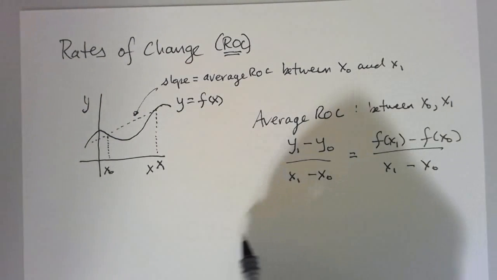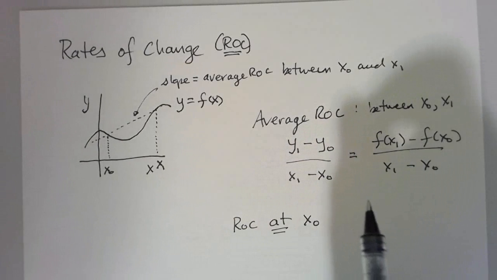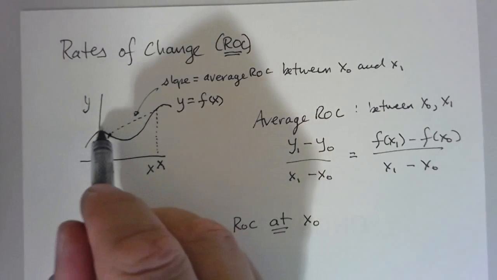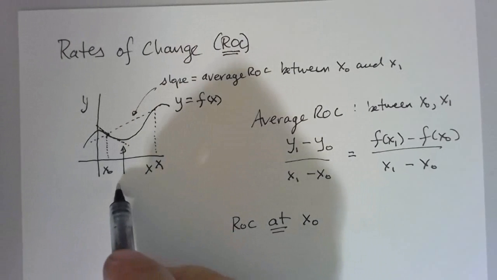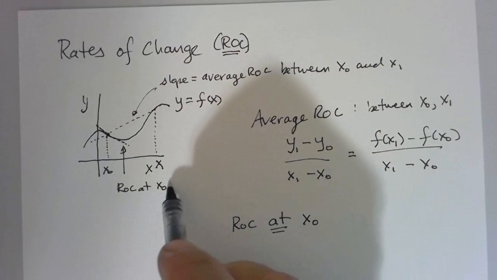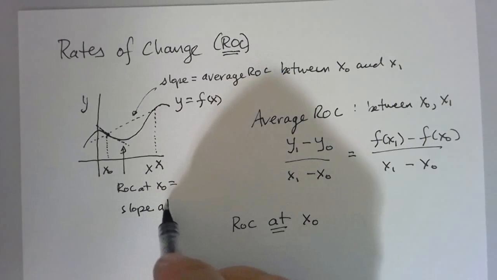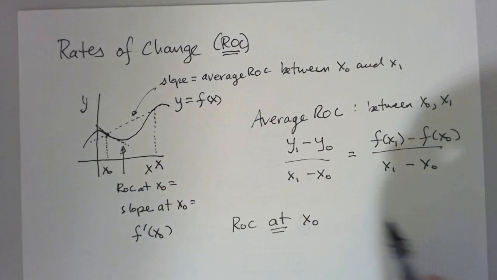And then if I want the rate of change at a particular value, so that would be the slope at this point. That, of course, is given by the derivative. So the rate of change at a particular value is the slope at the value, and that is just the derivative of that function at that value.